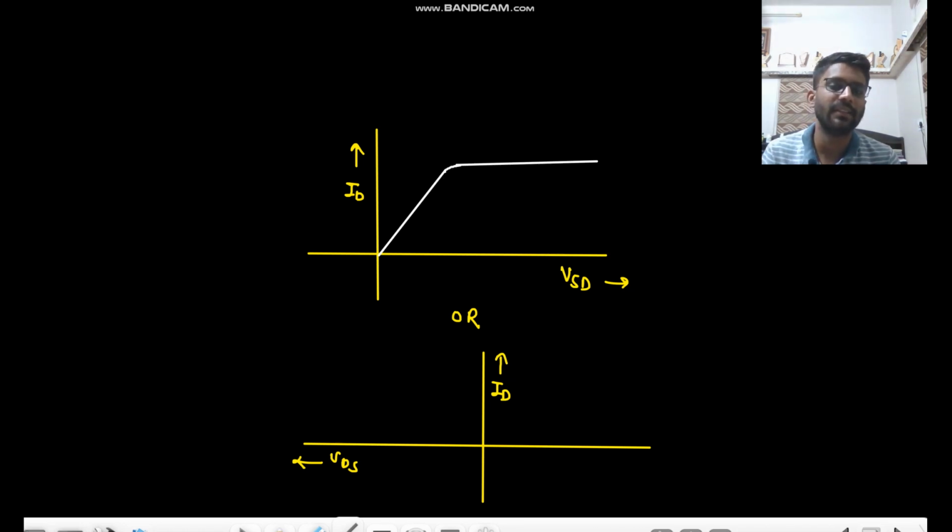This is completely linear for lesser VDS value. As VDS increases, we have the sublinear region, and then we have the saturation. And if VDS decreases, that means VD goes more negative, so the current will increase.